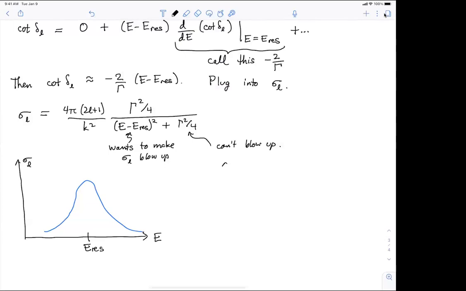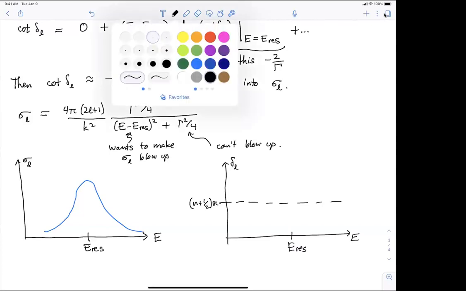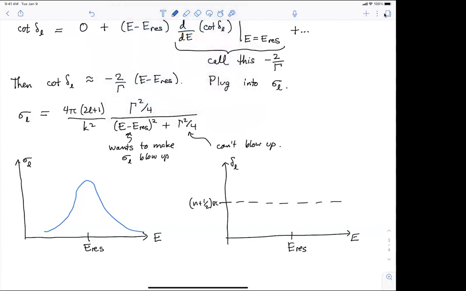And then the other thing we can graph is we can graph versus energy, the phase shift. And because we know the cotangent's going to 0, we know the phase shift is going to an integer plus 1/2 times pi. And so if we pick out the resonant energy here, the phase shift behaves something like this.